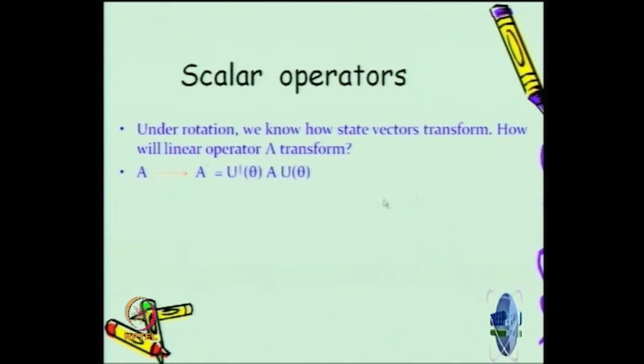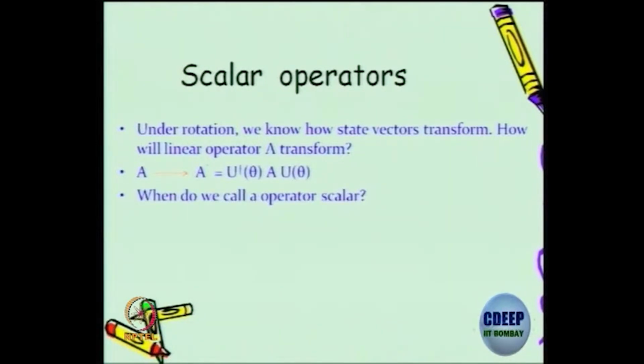If the state vectors transform under rotations as e to the i J dot theta by h cross, the corresponding operators transform this way. So when do we call an operator scalar? When A prime is equal to A, no change. When A prime becomes equal to A, we call it a scalar operator.